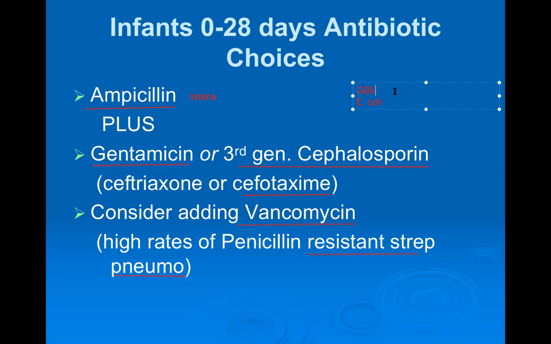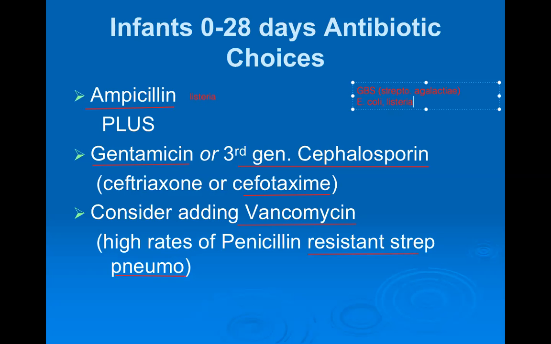Exactly. Group B streptococci, also known as Streptococcus agalactiae. Okay, this is another name. Group B streptococci or Streptococcus agalactiae is a very common pathogen in case of neonate infection. Another is E. coli, and third is Listeria. Let me write Listeria here also.